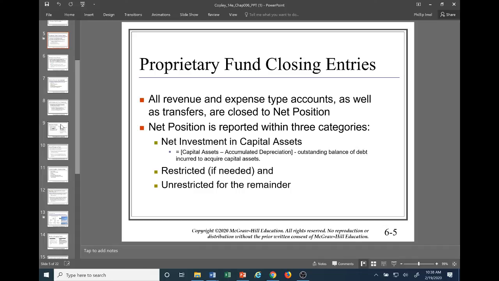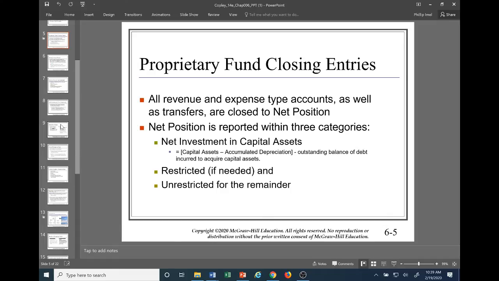When we had that net investment in capital assets, the statement would give us the actual capital asset, and it would either be net or have accumulated depreciation below it. So this part of the formula would be given, because we would know that from looking at the top part of that statement.